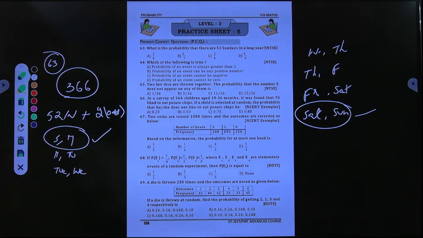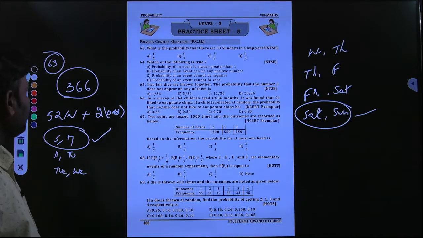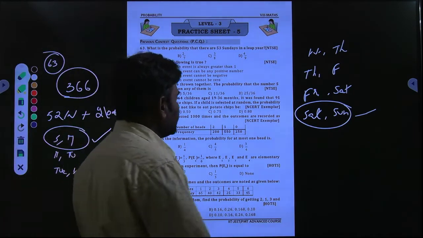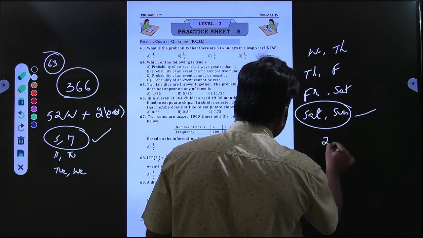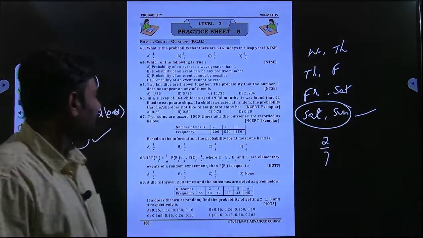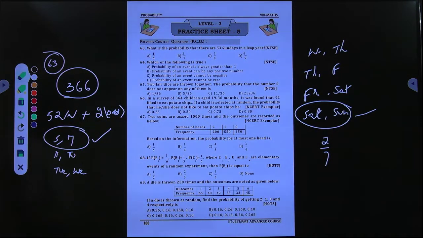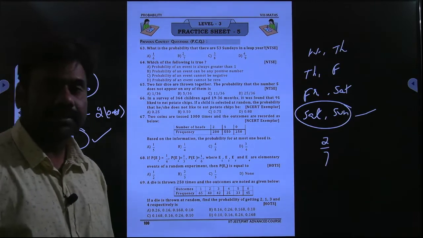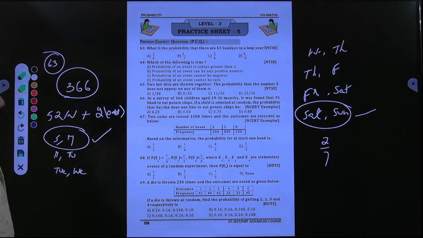Out of 7, 2 are favorable outcomes. So the probability of getting 53 Sundays in a leap year is equal to 2 by 7. Therefore, from the given options, option B is the correct answer. Okay, students, next question. Question number 64.